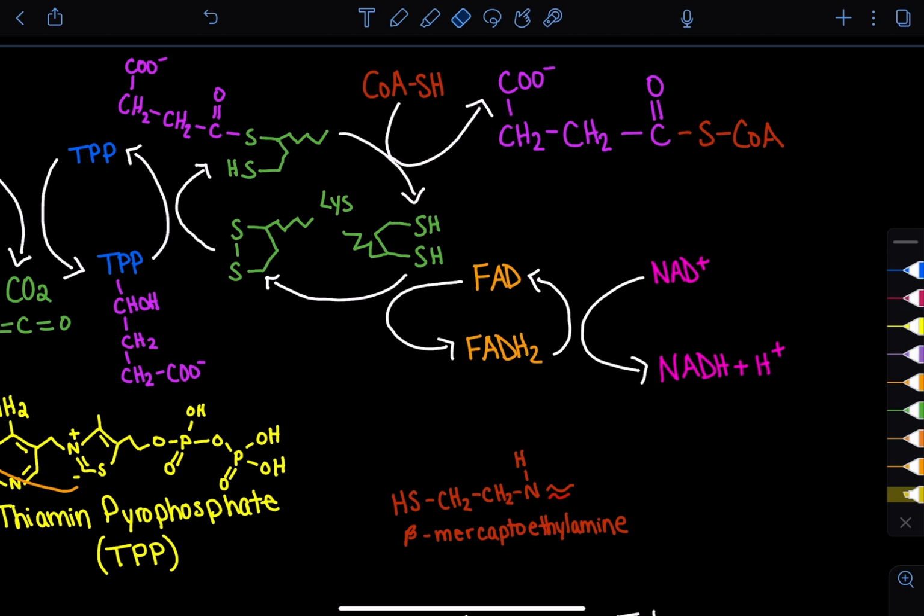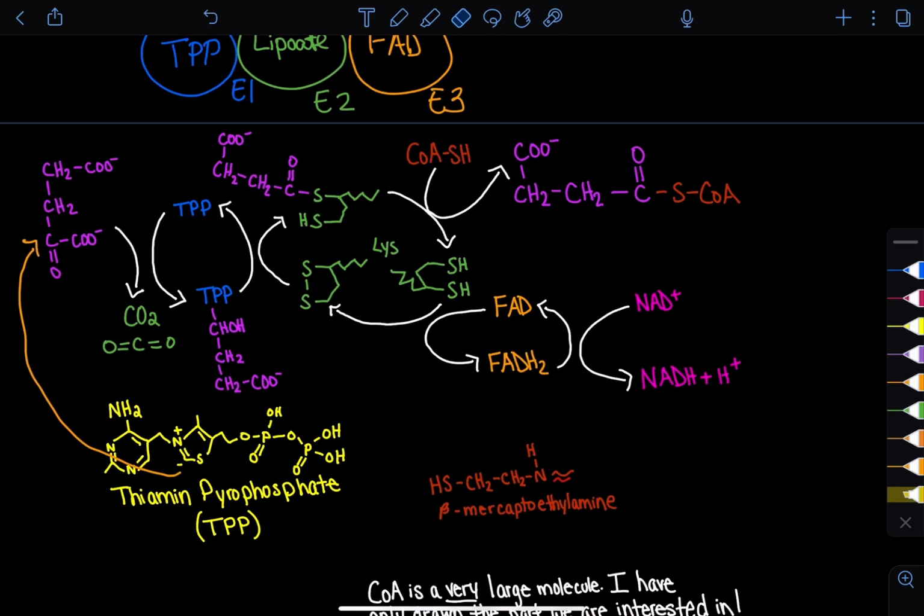So FAD is going to pick up 1 electron at a time, and it's going to get reduced to FADH2. Then it's going to pass on its electrons to NAD+, and then we're going to get NADH and H+. Okay? So that is the final product of this mechanism, where we get NADH plus H+. Now, if we take a look back, we can actually see that everything in the process was regenerated.